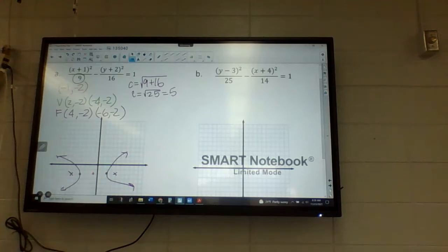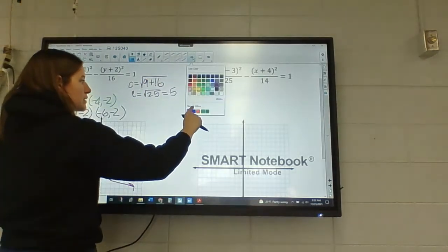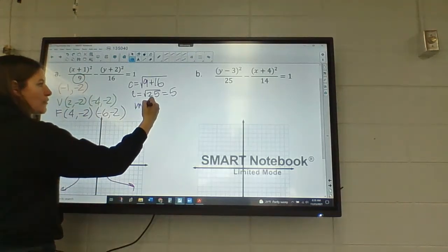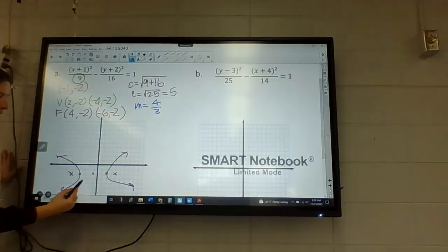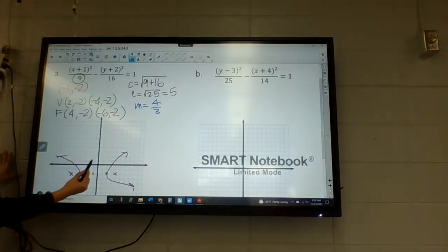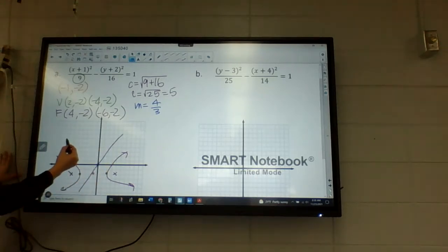You're going to notice that maybe I should have made this a little bit different. But the slope in this case, again, is y over x, so it's going to be 4 over 3. So from the center, I would have gone up 4 and over 3, down 4 and back 3, and then done the same thing the other way.